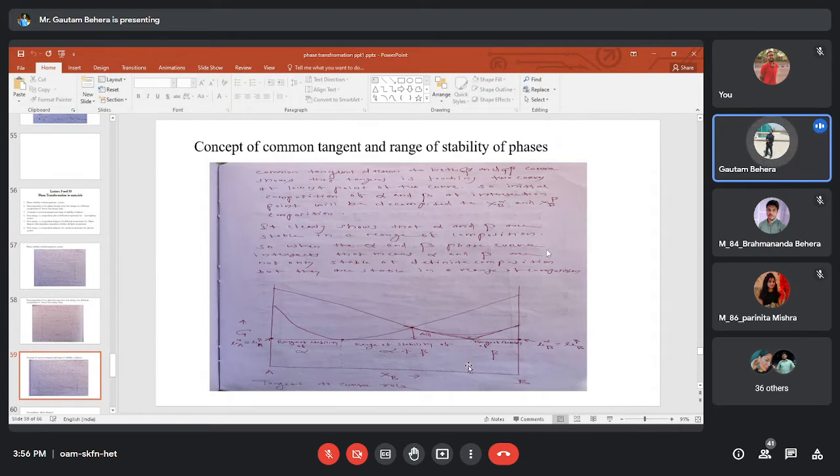You draw a projection to this composition axis. So now you can see the range of stability. The alpha phase will be stable from pure A to this much of composition. And similarly, the beta phase stability is from pure B to this much.